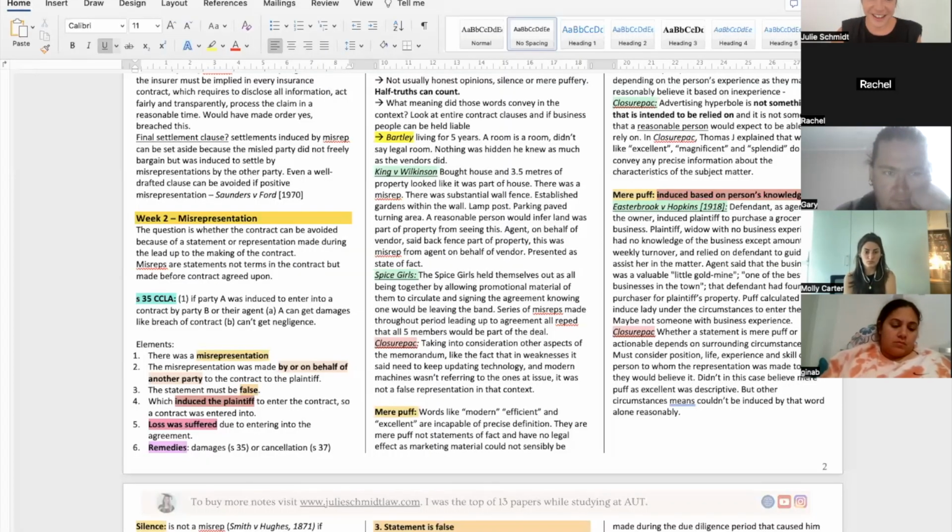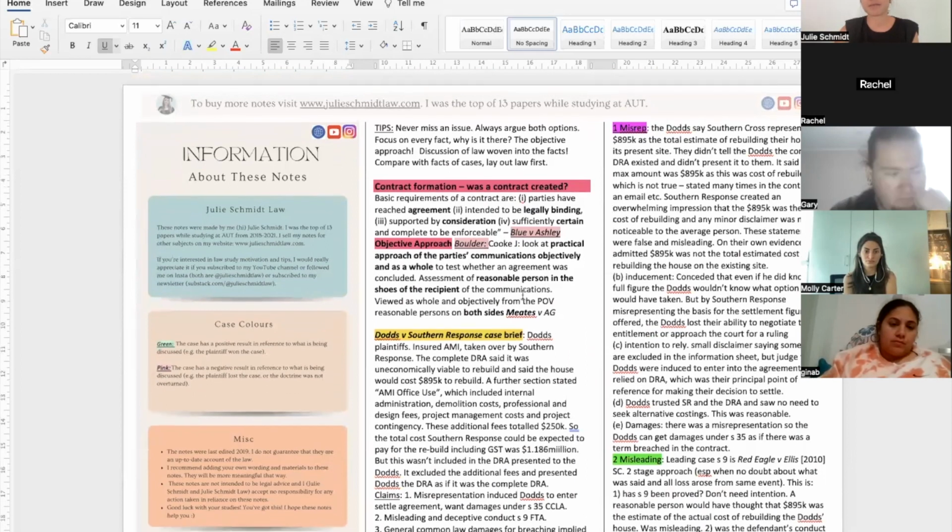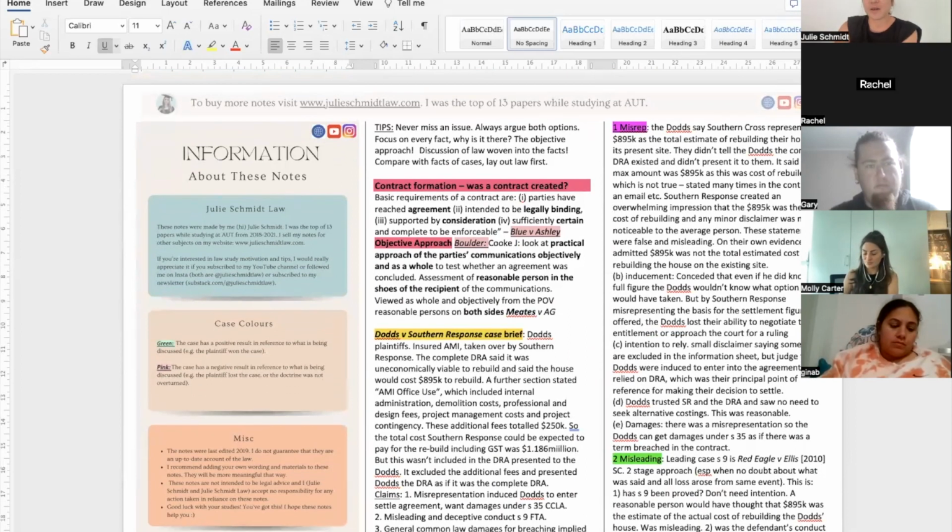Okay, the first thing I want to say about contract is always go back to the word reasonable. I just feel like that is such a key part of so many different causes of action in contract. It always comes back to reasonable people making a deal.